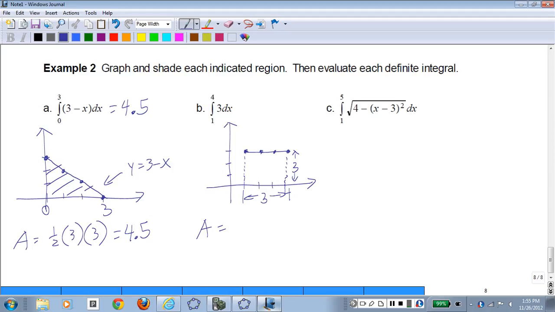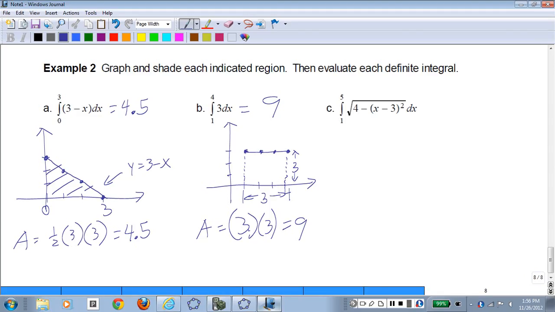So 3 units there. So it's 3 times 3, which is 9. So the value of this definite integral is 9. Just the connection here: definite integral, area bounded by the curve and the x-axis. So we're just using a formula from geometry, length times width, or side squared, I guess.